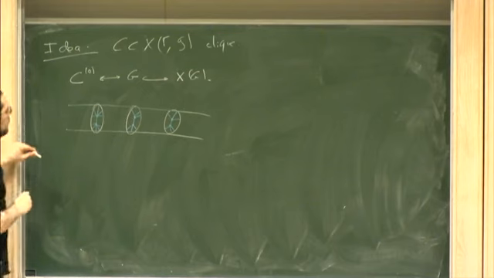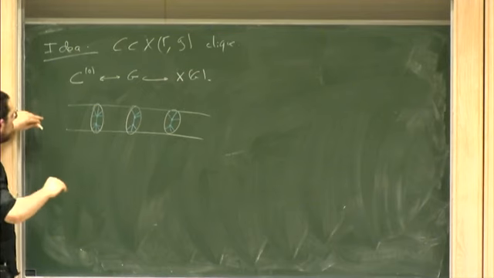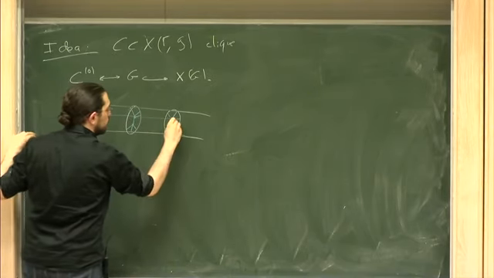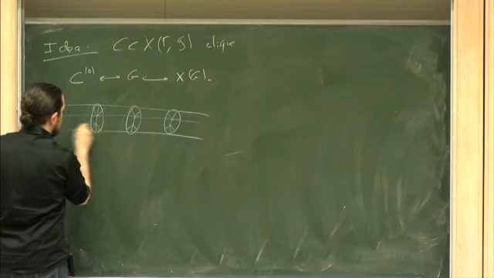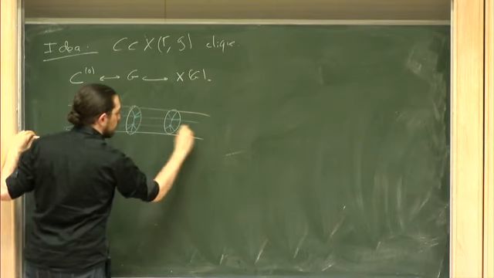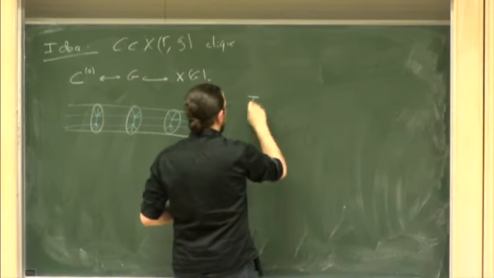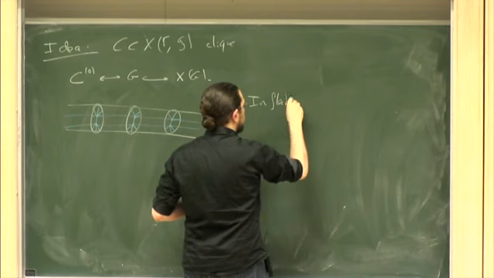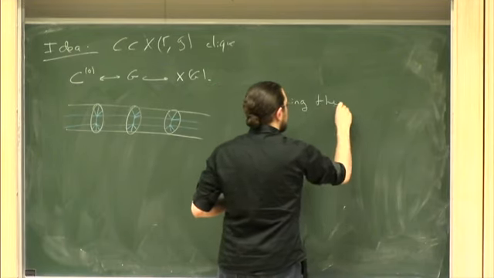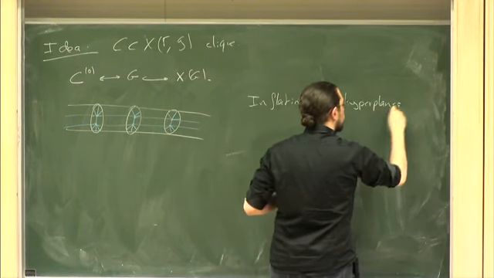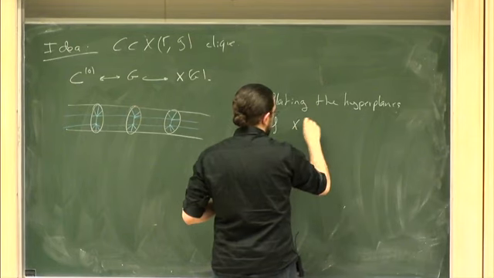And I know that in a hyperplane I have a product structure, so I have to add these edges, and that's all. So this operation is inflating the hyperplanes of X(Gamma G).